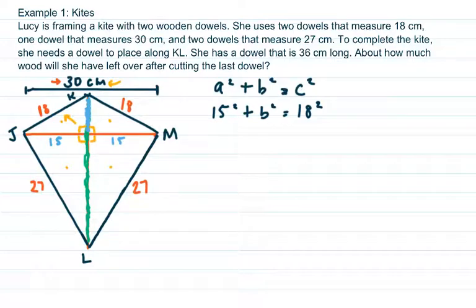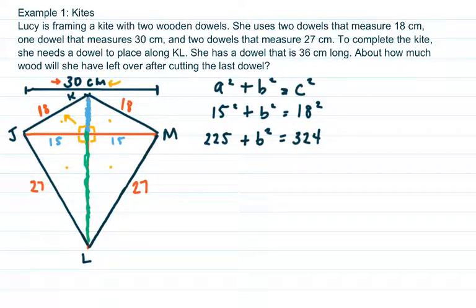So if I square 15, I get 225, and then plus b squared equals, and then if I square 18, I get 324.